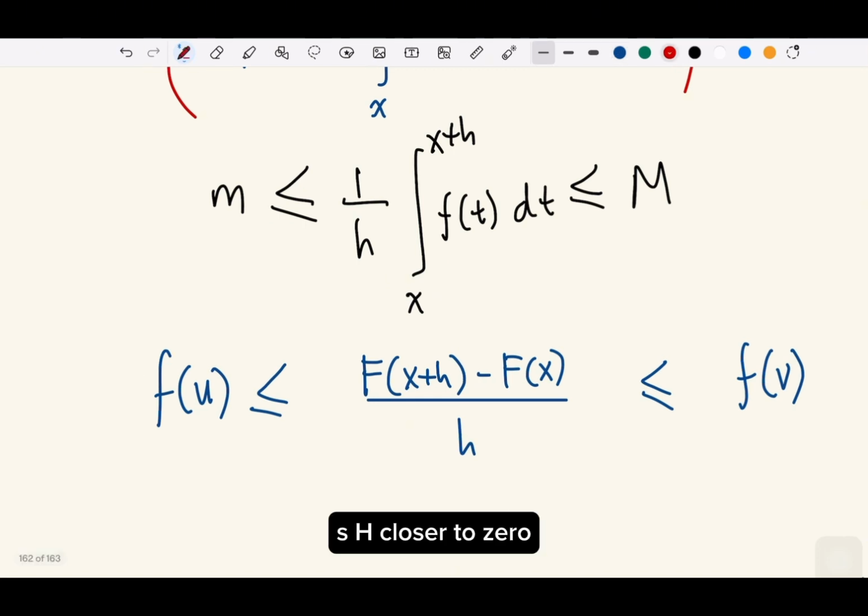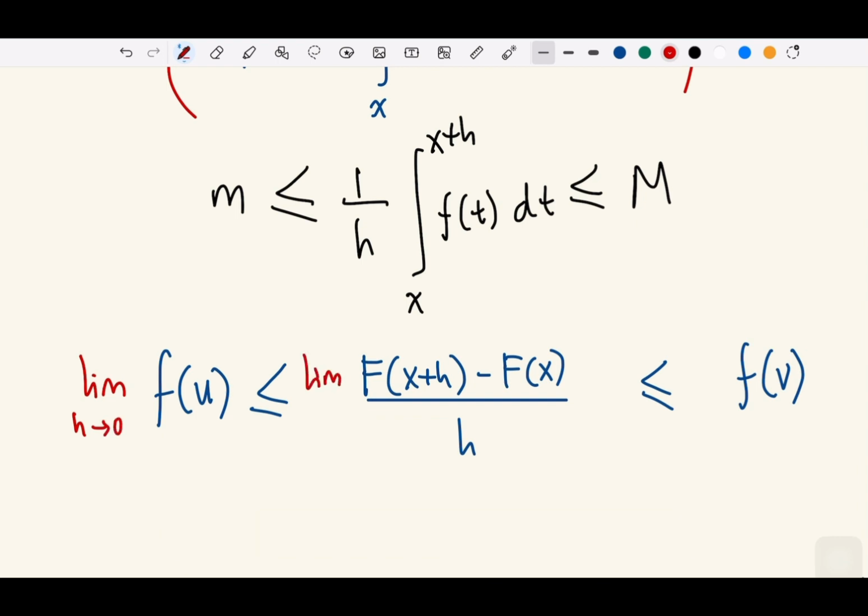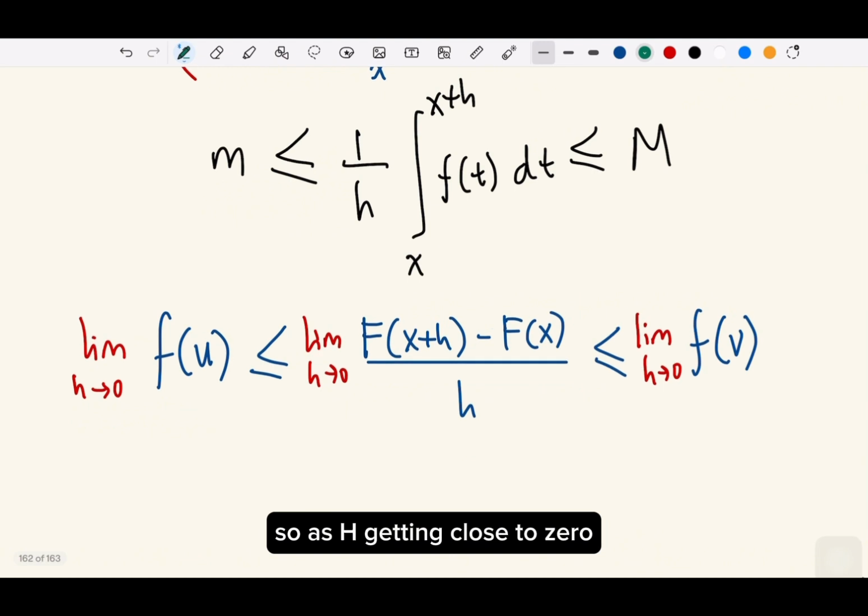And then as h gets closer to 0, we take the limit as h approaches 0.